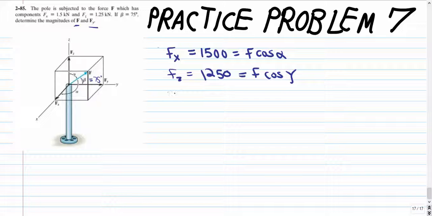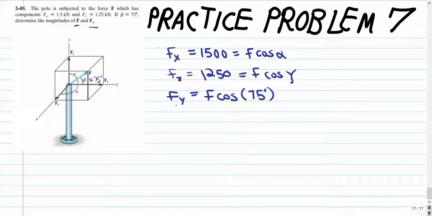And finally, let's do the y component, which is the component that we have to find. We don't have its value, but we can express this component as F cos of the angle beta, which is equal to 75 degrees.